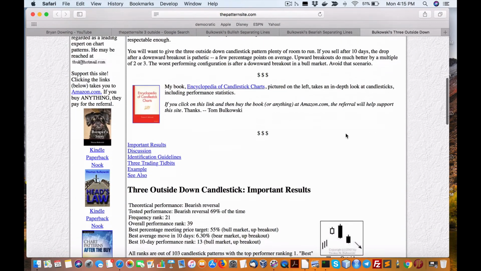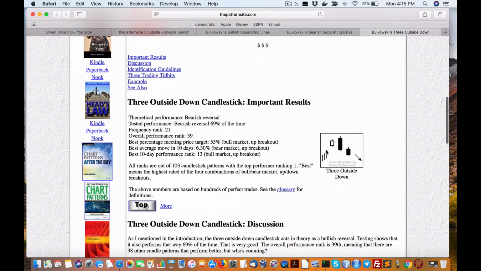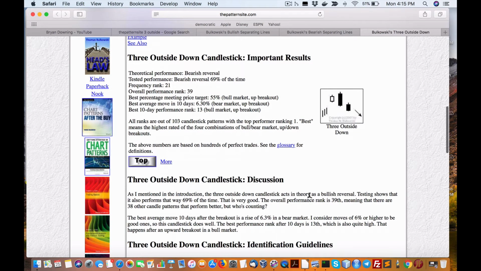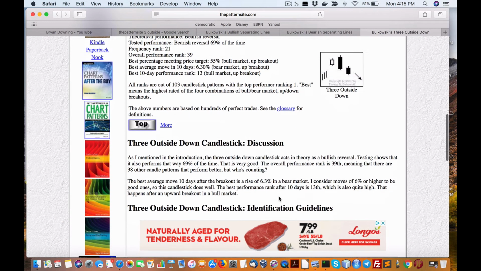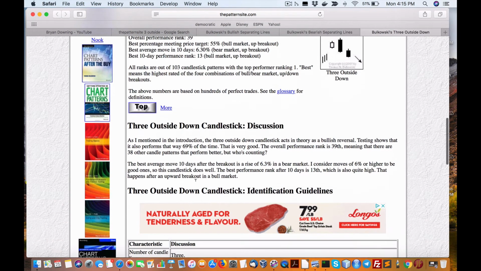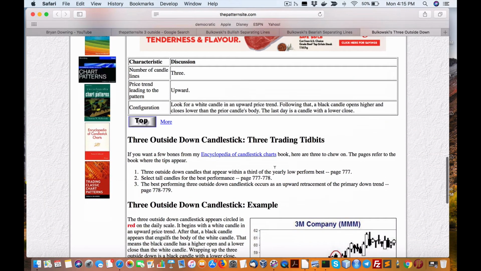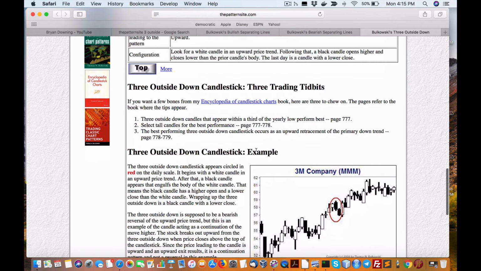Okay, so let's see what we got here. Best means bearish signals 69% of the time. Best average 6.3, which are good. 3 outside.